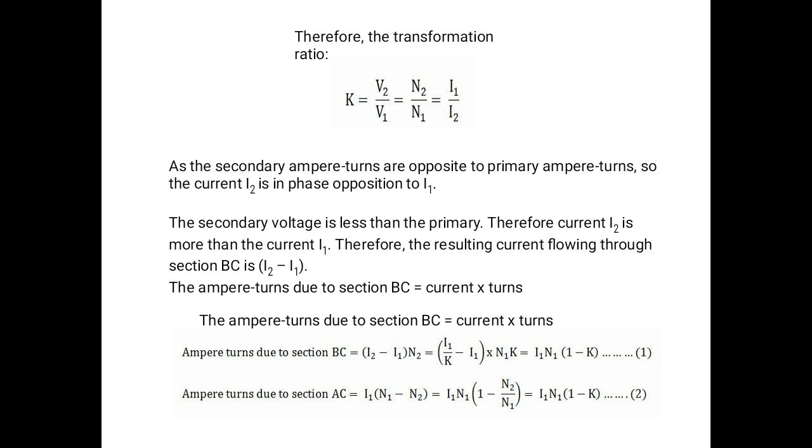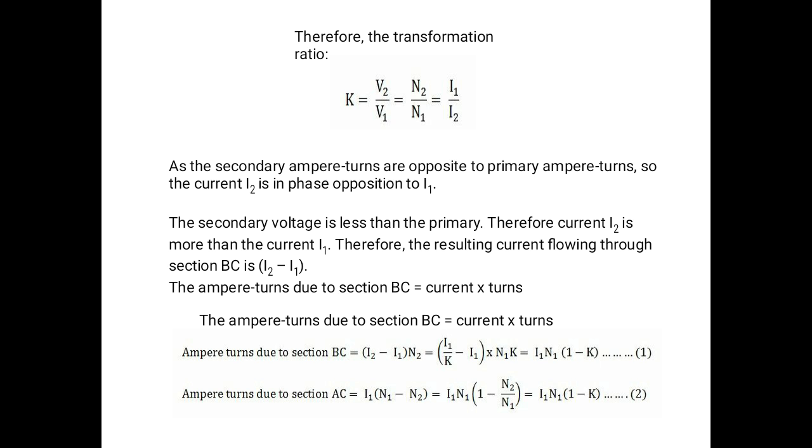As the secondary ampere turns are opposite to primary ampere turns, the current I2 is in phase opposition to I1. Secondary voltage is less than primary, therefore current I2 is more than current I1.